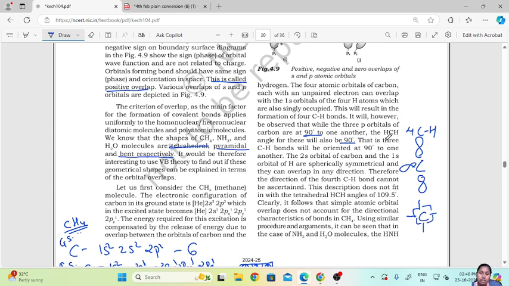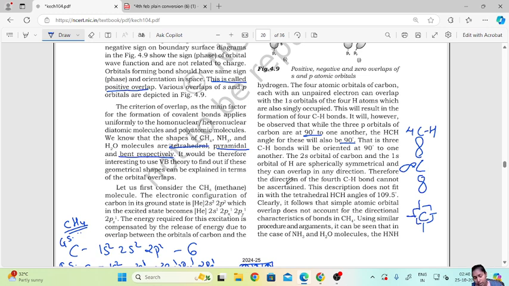That is, 3 CH bonds will be oriented at 90 degrees to one another. The 2s orbital of carbon and the 1s orbital of hydrogen are spherical, symmetrical, and they can overlap in any direction. So the p orbitals will be arranged at 90 degrees, and both the other orbitals are s orbitals, spherical in shape, so they can orient in any direction. Therefore the direction of the 4th CH bond cannot be ascertained.